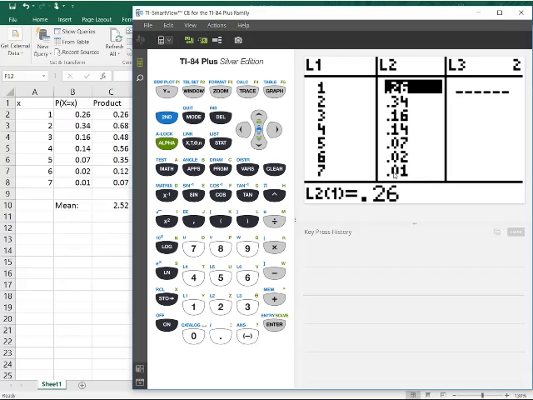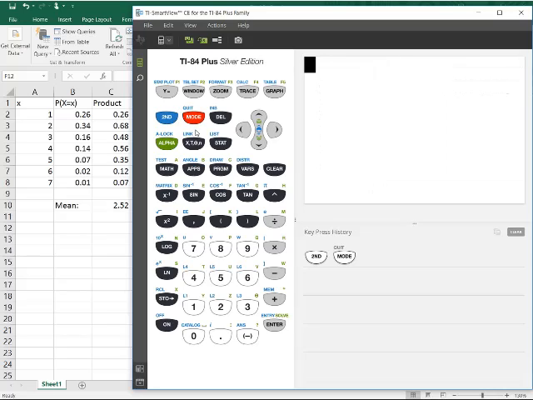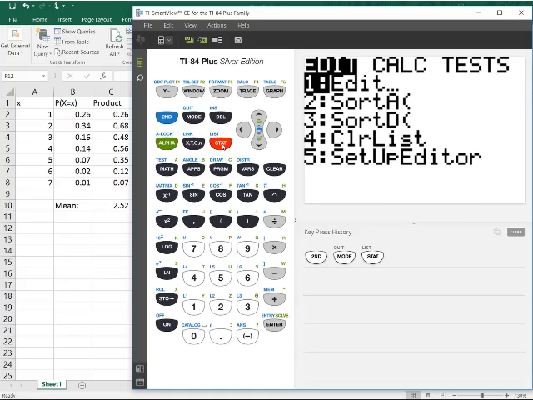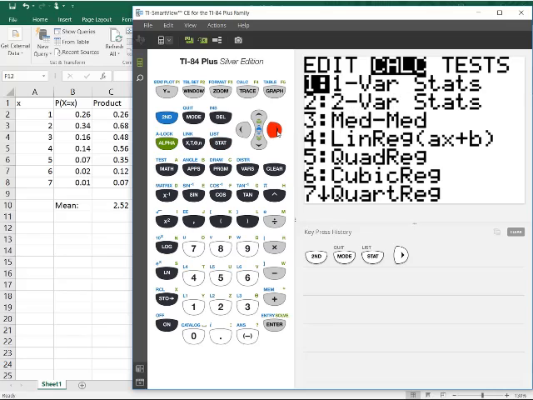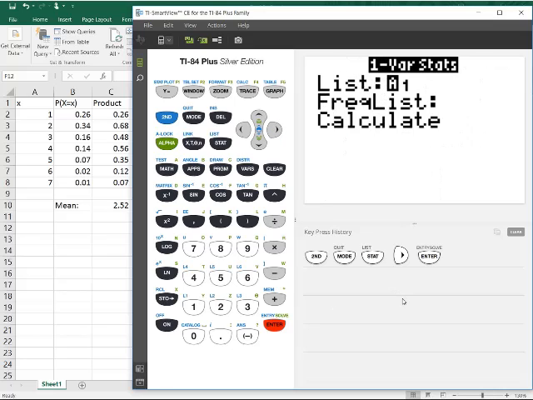Now that you have the values entered into your calculator, to compute the mean and the standard deviation, we will quit out of the list, go into the Stat menu. We're going to calculate, and it may seem strange, but we're going to calculate the one variable statistics. So, beside list, we want to choose the list of the values for x, and that was in L1.